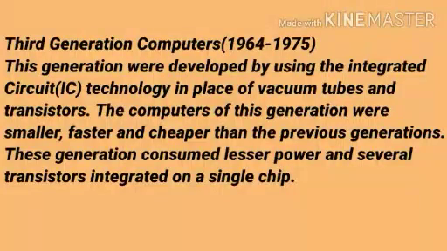This generation was developed by using integrated circuit (IC) technology in place of vacuum tubes and transistors. The computers of this generation were smaller, faster, and cheaper than the previous generations. They consumed less power, with several transistors integrated on a single chip.